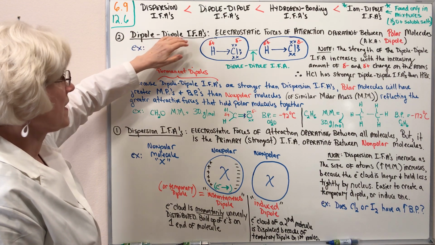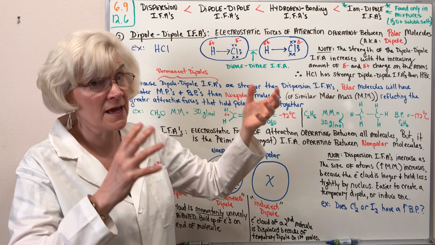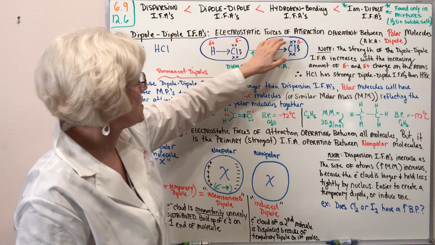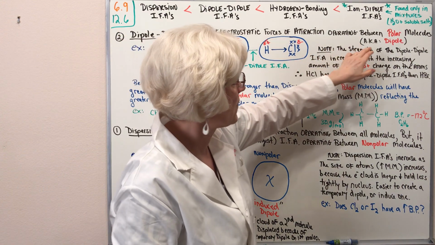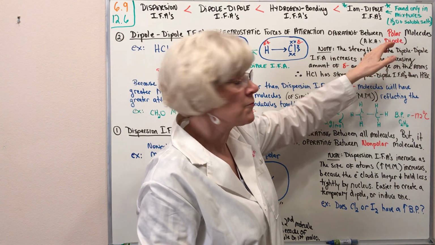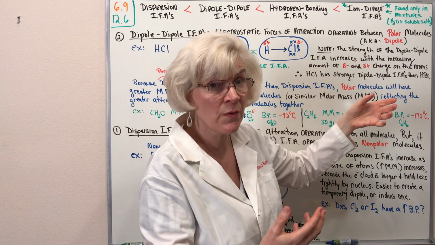Dipole-dipole IFAs are electrostatic forces of attraction, and recall that means that positive charge and negative charge attract. Electrostatic forces of attraction operating between polar molecules. Now, if you recall, another name for a polar molecule is a dipole.